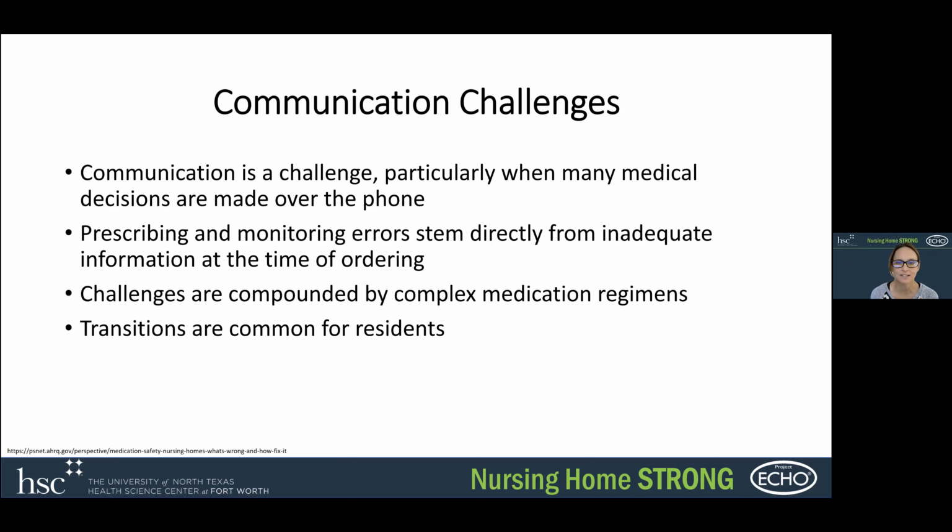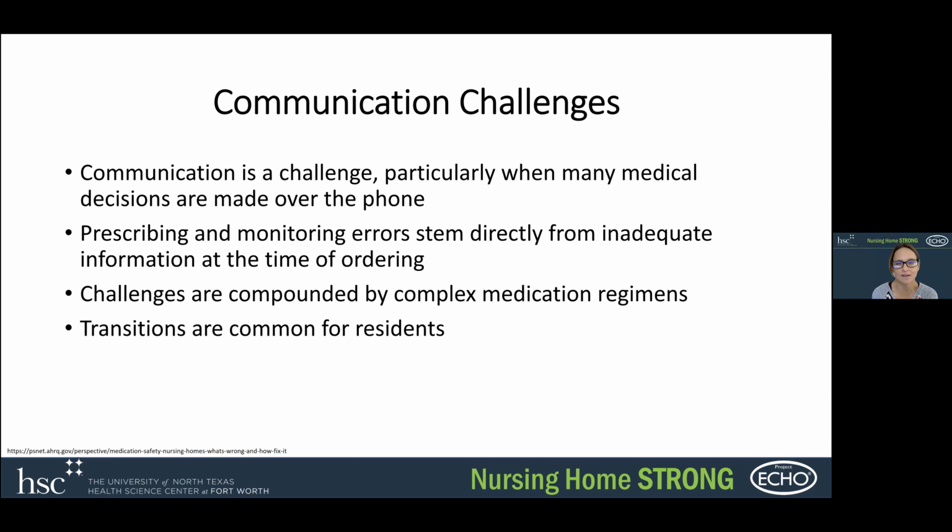They are really prevalent in nursing homes. Many medical decisions, as you know, are made over the phone, and those generally stem from brief conversations between our nursing staff and our providers. This can lead to prescription errors, particularly stemming from inadequate information when we're ordering those meds.